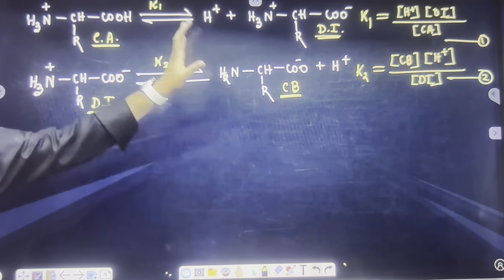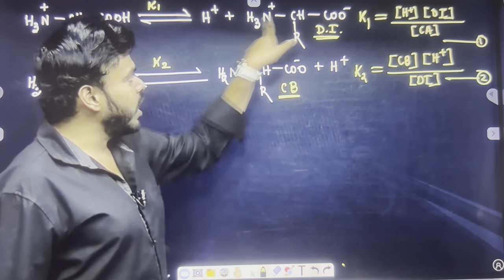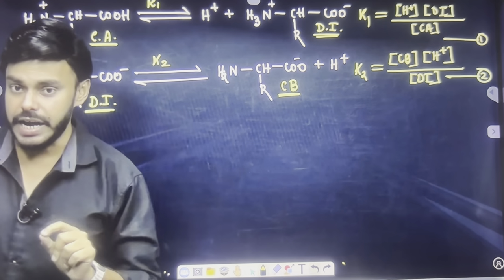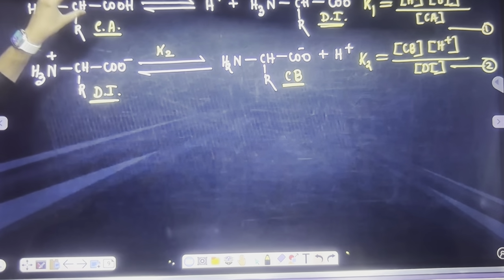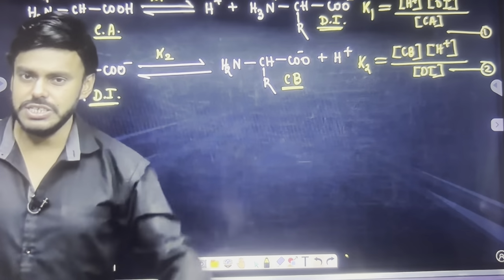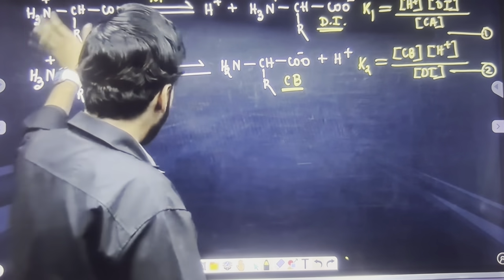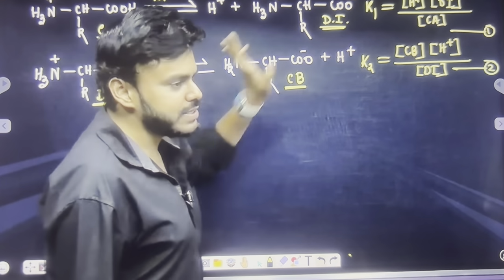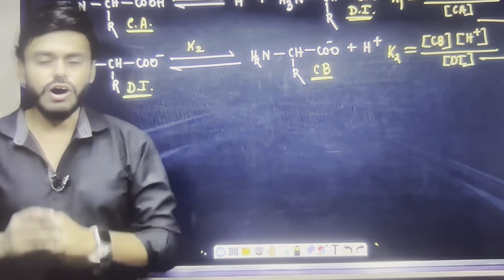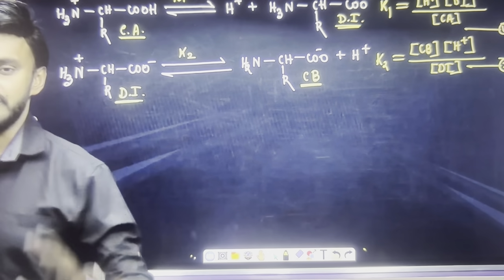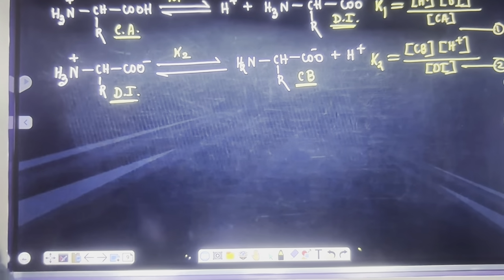When the dipolar ion is formed, the equal charge density of the cation and anion is present. So we can write that the conjugate acid concentration and the conjugate base concentration are the same, because in the conjugate acid NH3 plus ion is present and in the conjugate base COO minus ion is present. So in the Zwitterion, or the dipolar ion, equal concentrations of NH3 plus and COO minus are present.